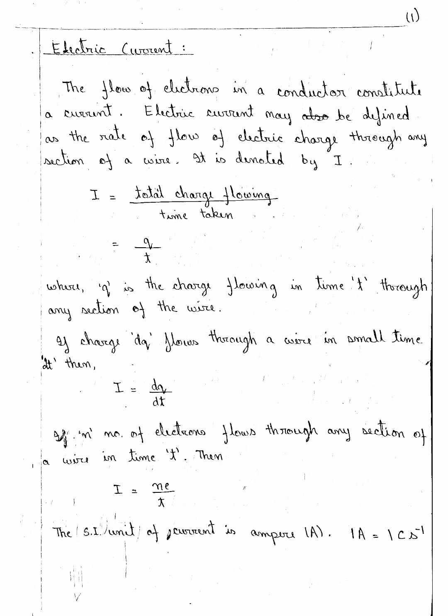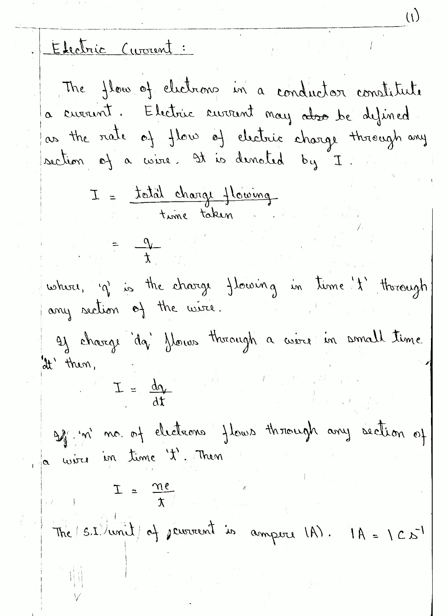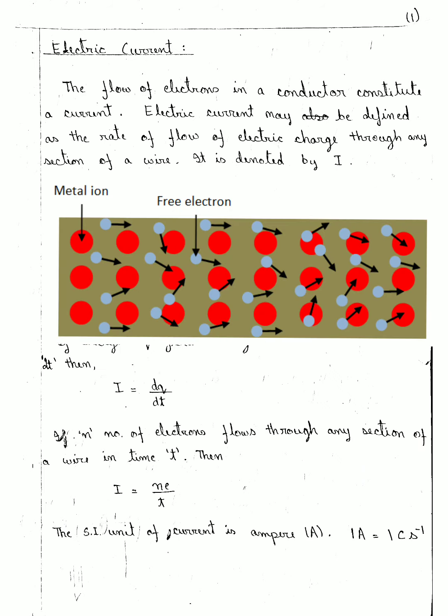Electric current. Now the flow of electrons in a conductor constitutes a current. We have learned about a conductor in chapter 2. We know that conductors are materials which conduct electricity. And inside a conductor, there are free electrons and positive ions.